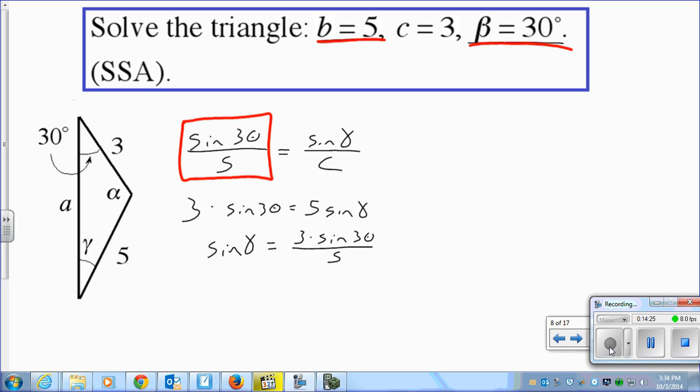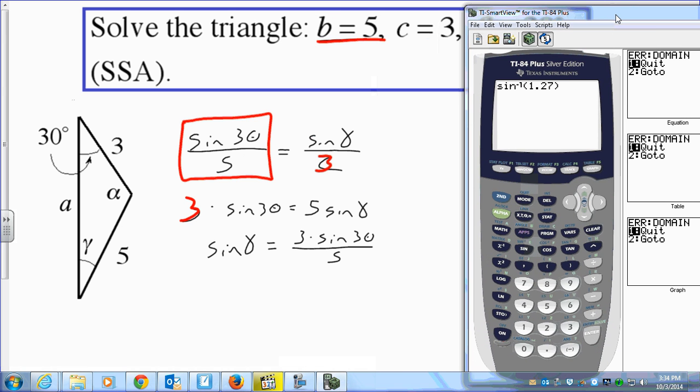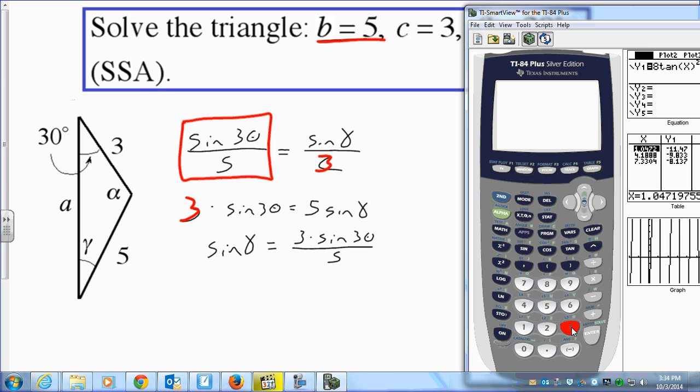So I have 3 here, so I can go ahead and try and solve for lambda. Notice when I put this into my calculator, I get 3 times the sine of 30 divided by 5, I get 0.3.